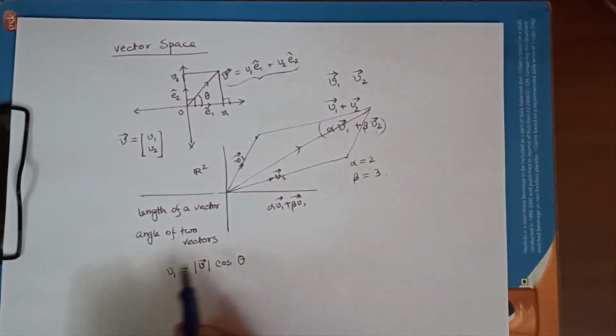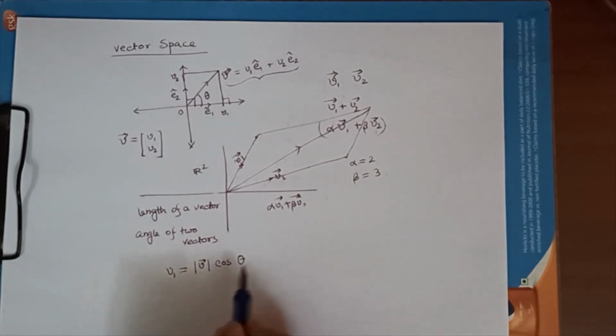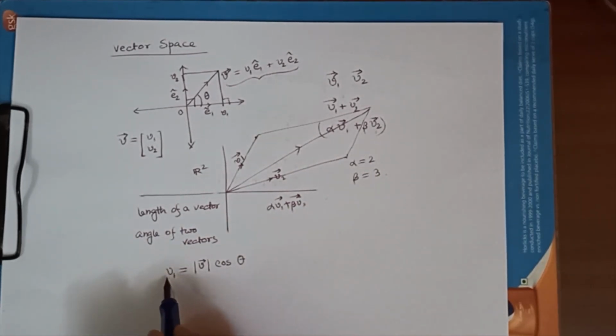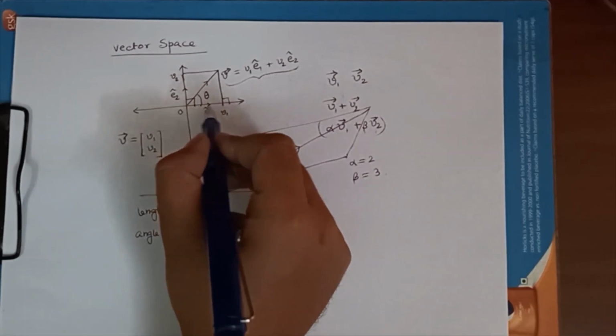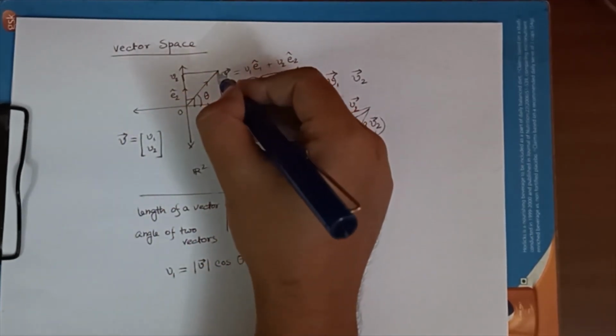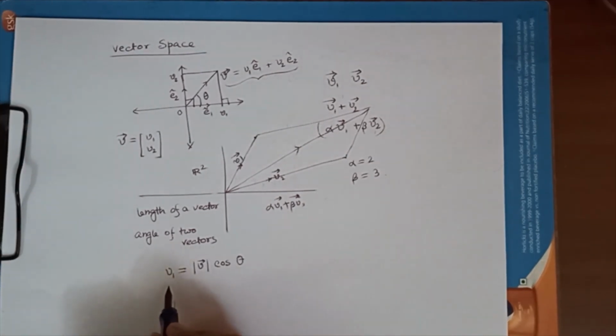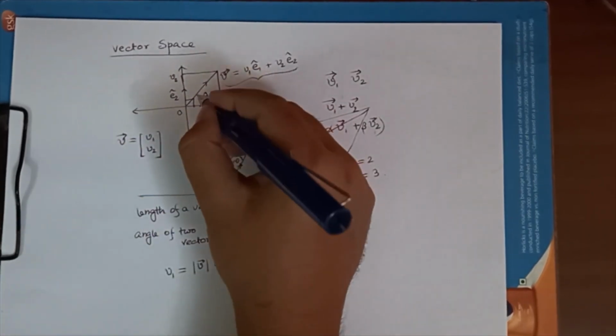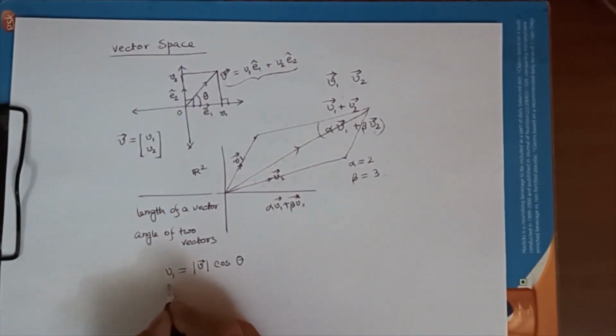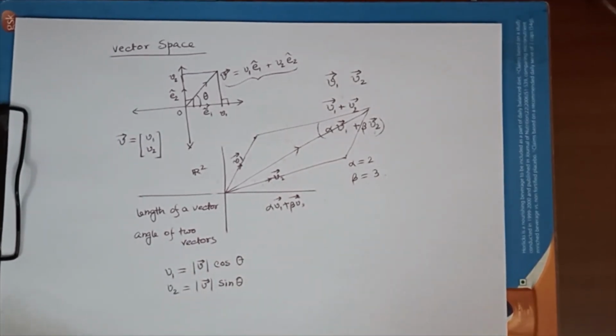You know this from school level coordinate geometry, right? So v1, the length in that direction, the projection of the vector v on the x-axis, will be the length of v times cosine theta, and v2 will be the length of v times sine theta. These are old stuff, but nevertheless it is better to repeat them.